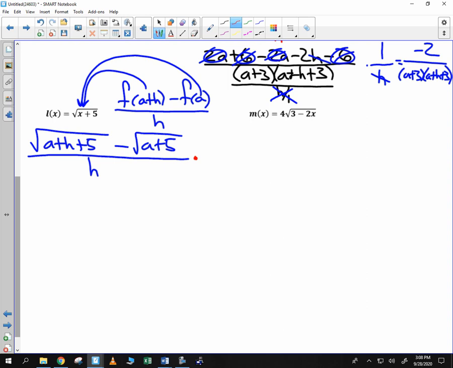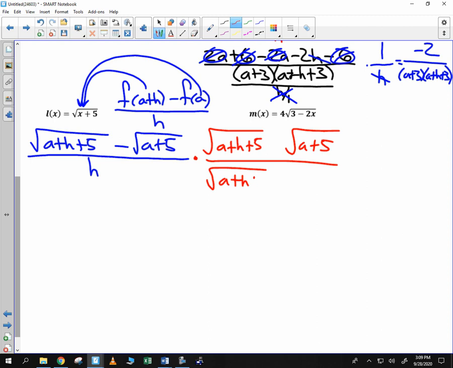So what we're going to do is write the same thing, a plus h plus 5, and then square root of a plus 5 over square root of a plus h plus 5 and square root of a plus 5. The difference is instead of a minus square root of a plus 5, you're going to write plus.